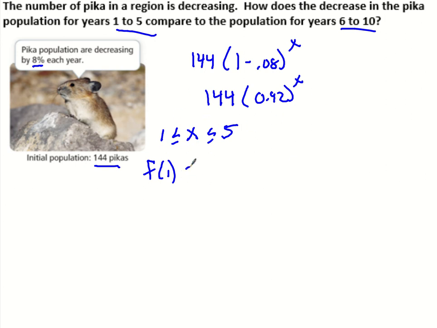So first, let's figure out f of 1. Let's figure out what it is after 1 year, and that's just to the first power. What I'll find is after 1 year, there's going to be 132 pica.